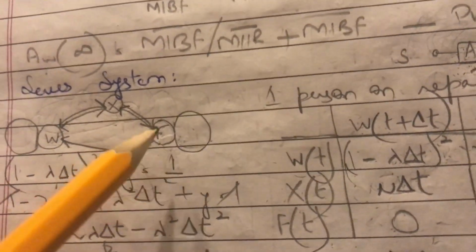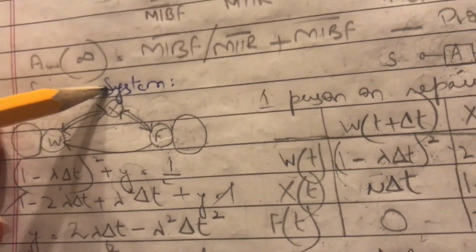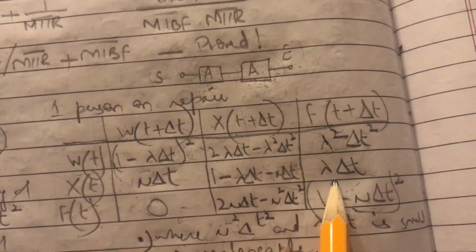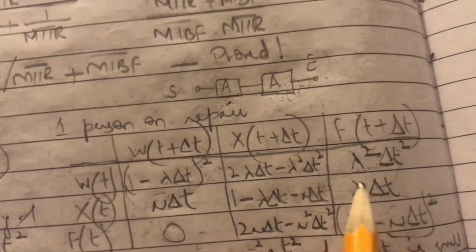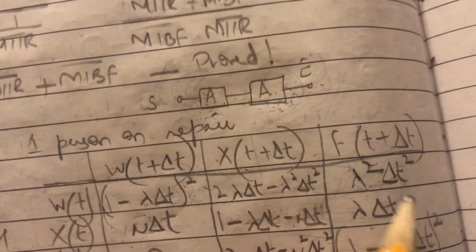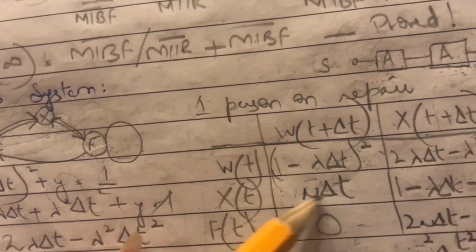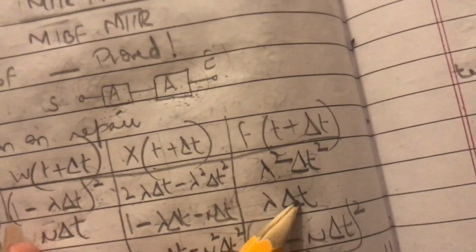But when we are in the failed condition, we have to go for the repaired thing. But right now we are in the failed condition, so that's why the failure rate is lambda delta t. We will keep it like this, because here we are in the repaired condition, going to repair our item. Here our item has failed.